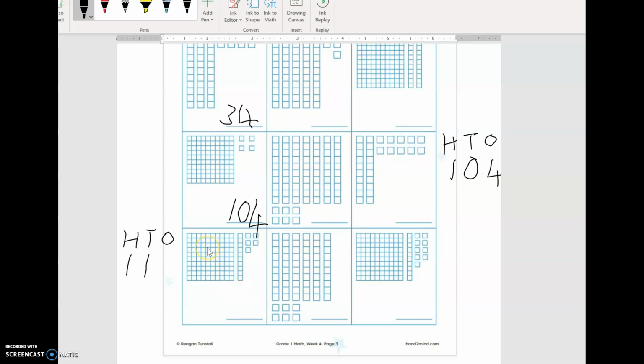So let's count this: 100, 110, right? And how many cubes do we have? 1, 2, 3, 4, 5. So in the ones place, I'm going to put 5. Let's count it now. 100, 110, 111, 112, 113, 114, 115. So my answer is 115.